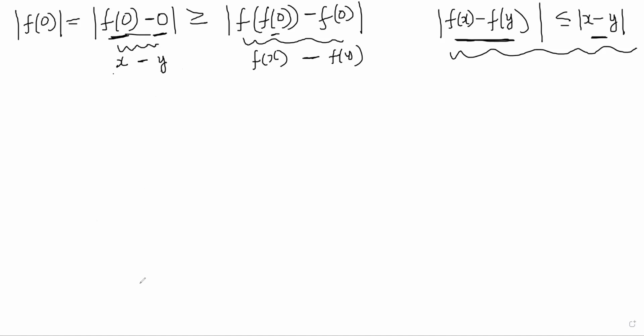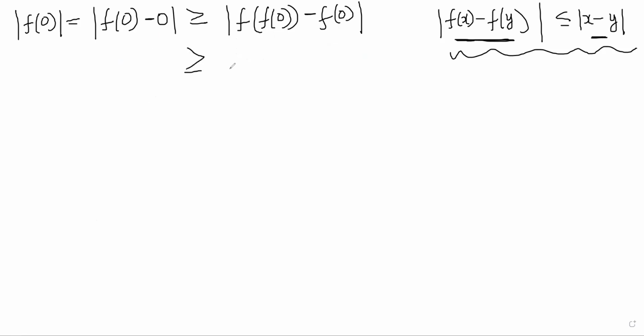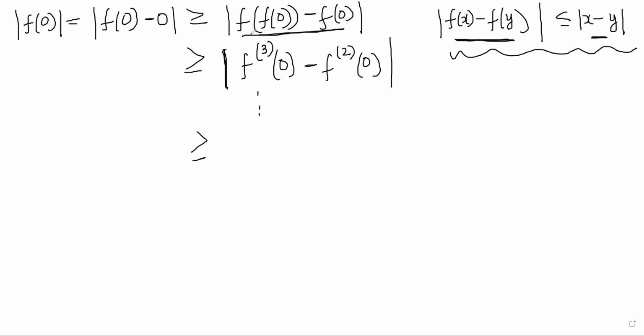Okay, so I'll rub off this stuff and we will say that this is true. Therefore, we can keep adding f's, right? We can keep adding another f to it, f^3(0) minus f^2(0), and so on. We are following the same principle, and this will be greater than this.